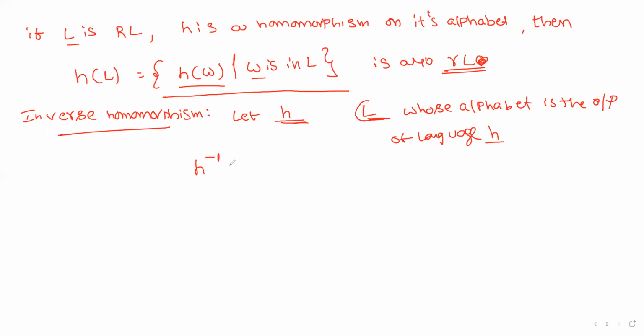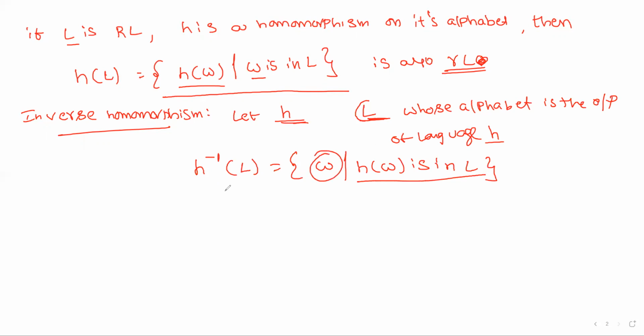We can represent it like this: h inverse of L is equal to the set of w such that h of w is in L. You got the meaning? If h of w is in the language, then the resulting set of strings is also a regular language.